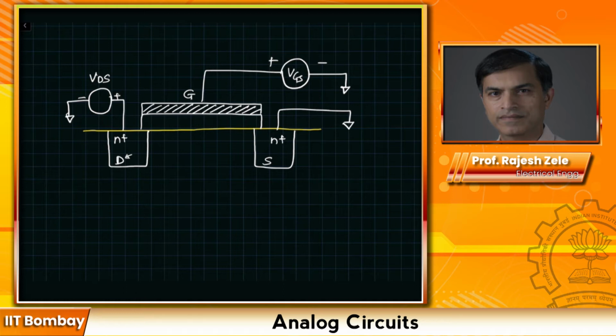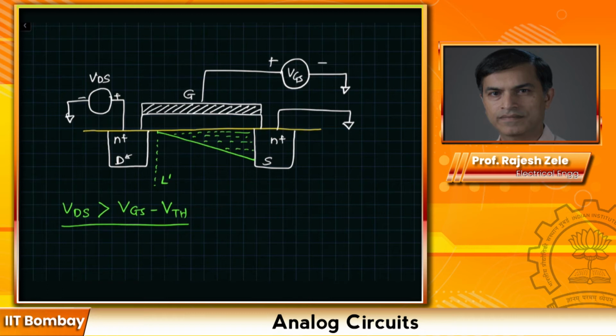So redrawing here, we would see when VDS is greater than VGS minus VTH, the channel would terminate earlier, somewhere over here like this, at a point L prime, which is smaller than the original channel length L. So what's really going on here is we have a depletion region around the drain, and depletion by definition means there are no carriers.